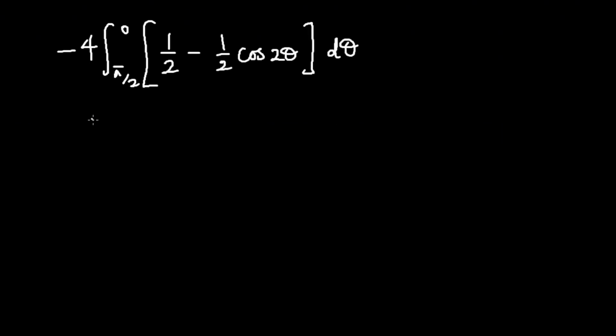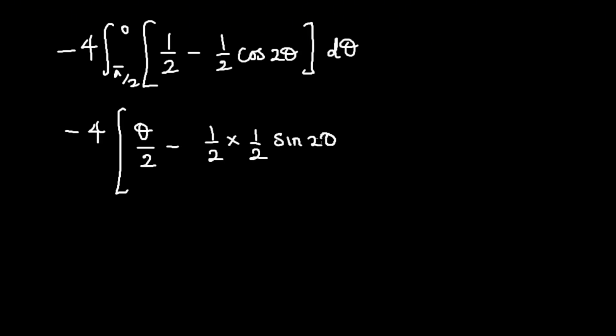Now if I integrate this, separating the integrals, this will be theta over 2 minus 1 over 2 times 1 over 2 sine 2 theta, ranging from pi over 2 to 0.